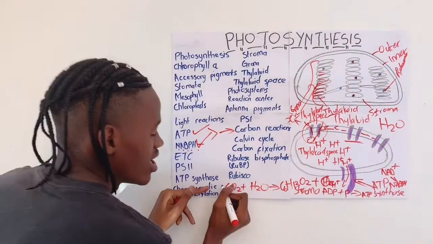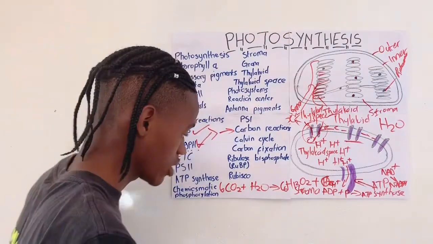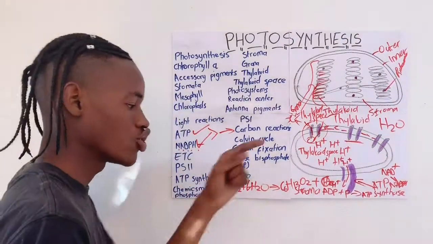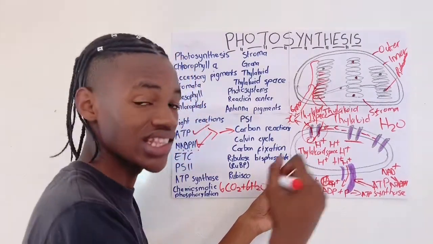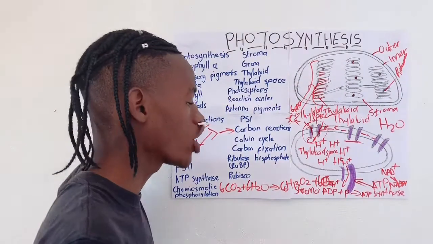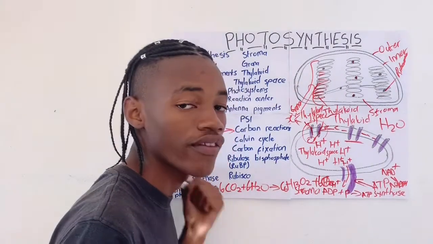So we have 6 molecules of carbon dioxide reacting with 6 molecules of water to produce glucose and 6 molecules of oxygen. And oxygen is the byproduct of photosynthesis.